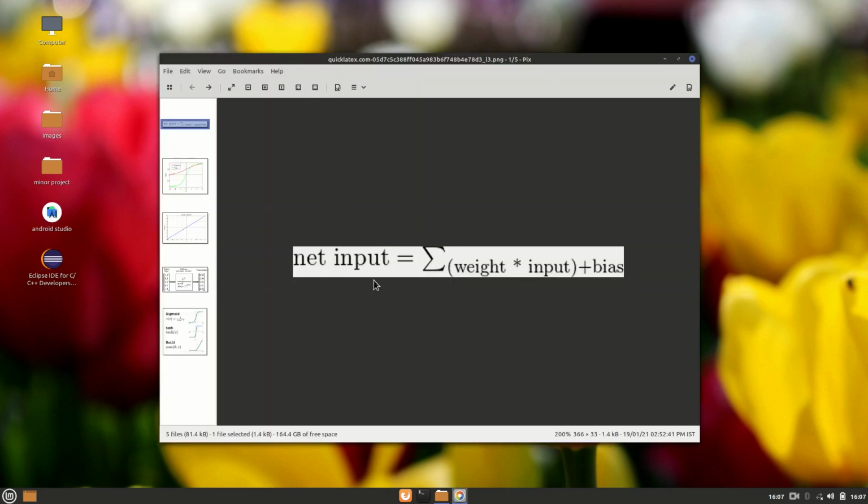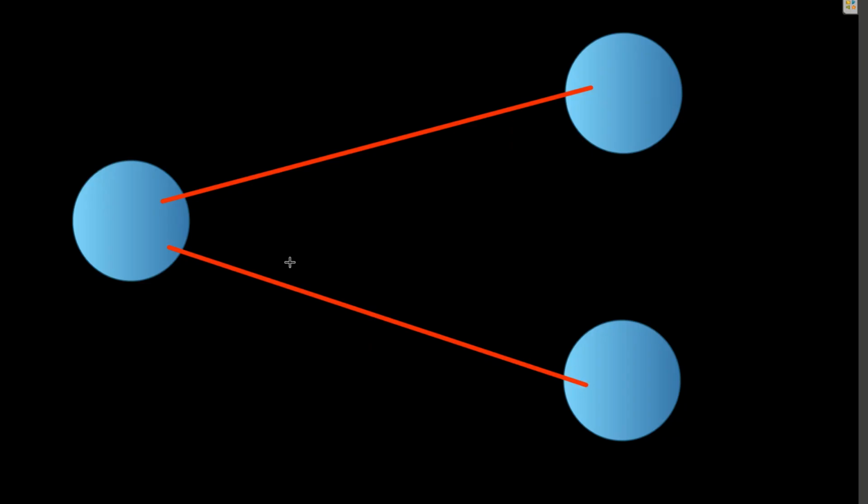On the screen, as you can see, there is a function applied to the input value, which is weight times input plus bias. If you can't understand this, let me show you quickly. Here is a very simple neural network with only a single input layer and two output neurons.